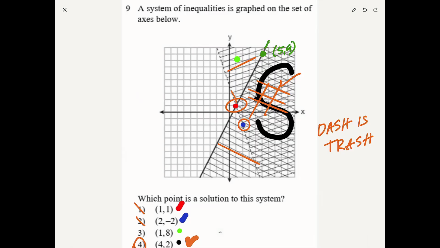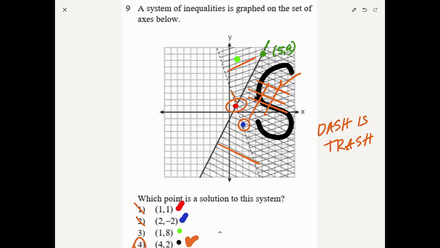So that means we include it in the solution set. Now, I'm giving you more than the question asked, but if you understand what I just went through, then you're going to be fine for system of inequalities questions, right? Dash is trash, so any point on a dashed line is never going to be in the solution set. If it's on the solid line of a boundary, then it is in the solution.